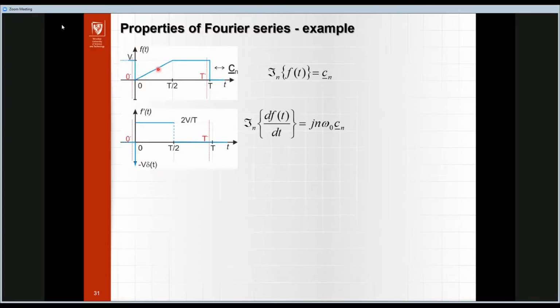When we make the differentiation, we know that we can multiply the coefficients by this factor jn omega 0.